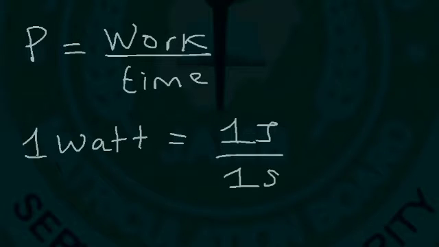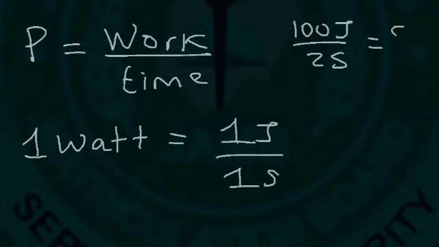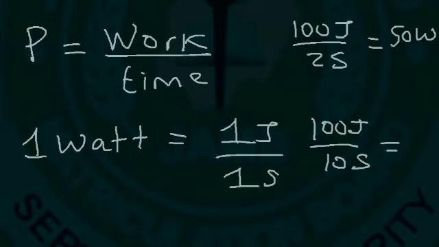So it's how fast energy is being transferred. If you can transfer 100 joules in 2 seconds, then the power is 50 watts. Now, if it takes you 10 seconds to transfer 100 joules, that means this system is slower in transferring energy. The power is 10 watts.